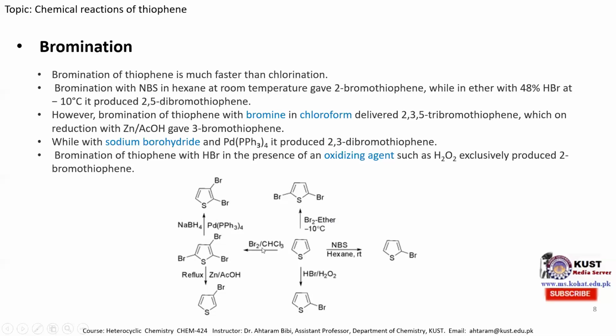When thiophene is treated with bromine in the presence of trichloromethane, one can obtain the 2,3,5-tribromothiophene molecule. When this is treated with sodium borohydride in the presence of palladium tetrakis(triphenylphosphine), one can obtain the 2,3-dibromo compound, and if it is refluxed with zinc in acetic acid solvent, one can obtain the beta substituted bromothiophene molecule. So under different conditions, thiophene is brominated to produce various products.